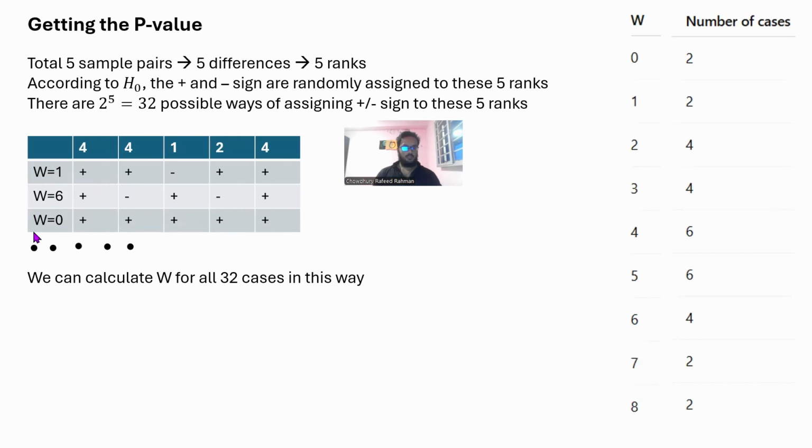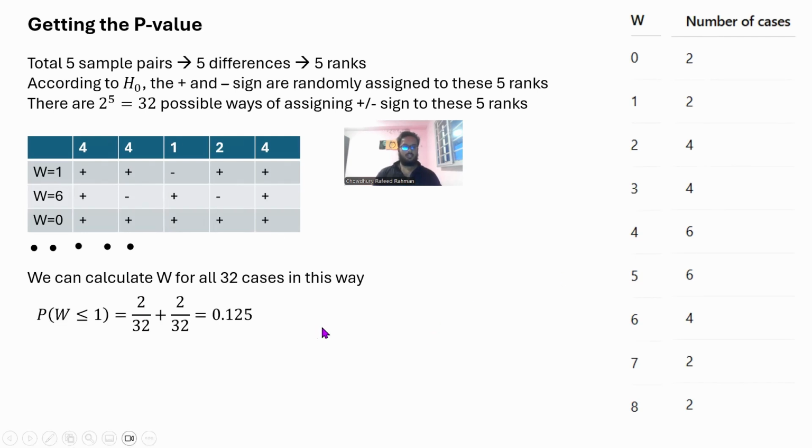If you finish calculating these 32 rows, then you can also count how often each value occurs. There are two cases in this 32 row table where W equal to 0. There are two cases where W equal to 1. There are 6 rows where W equal to 4, and so on and so forth.